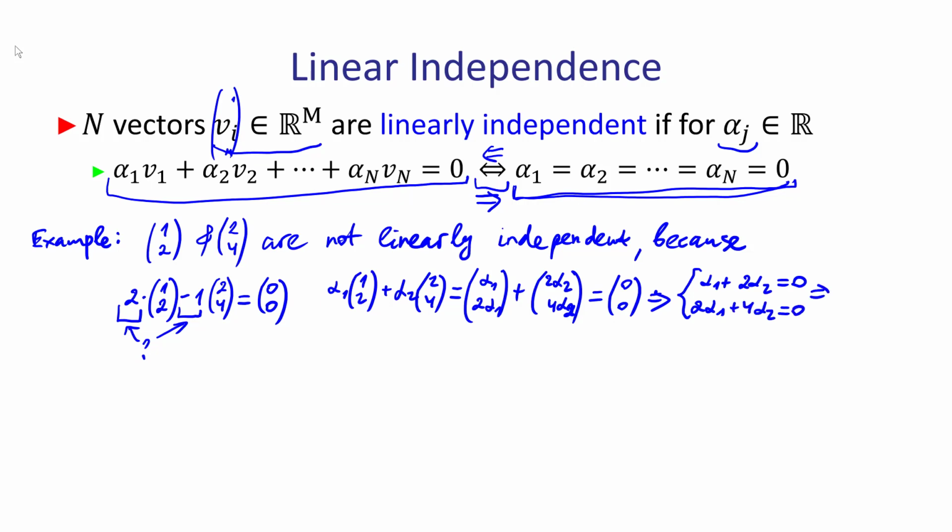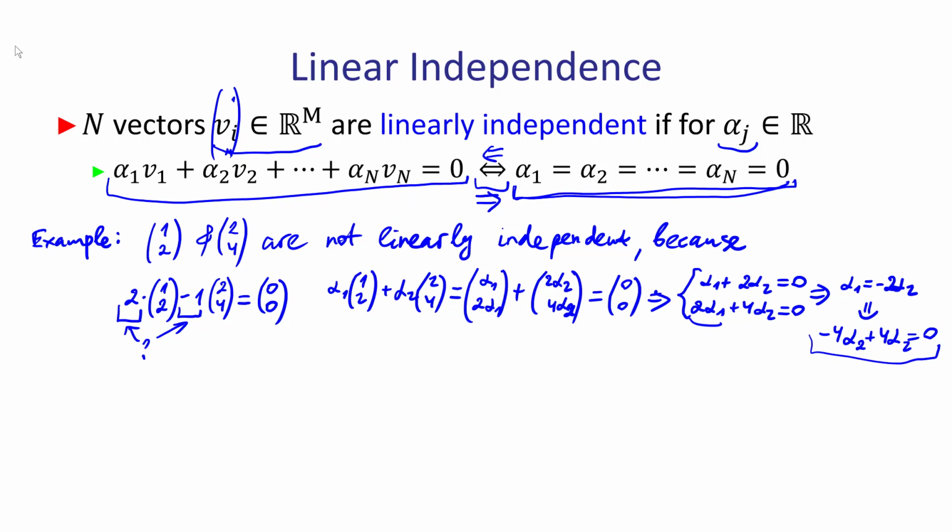So let's solve that system of equations. Alpha 1 equals minus twice alpha 2, and from here twice alpha 1 is minus 4 times alpha 2, plus 4 alpha 2 equals 0. So this is trivially true.